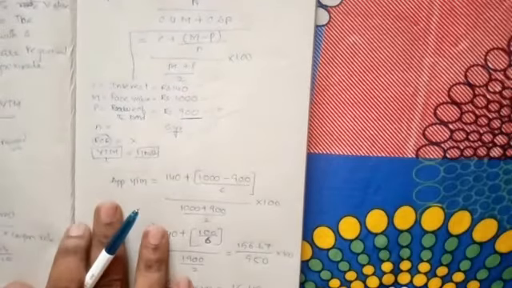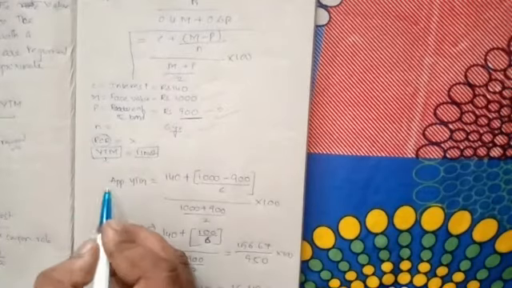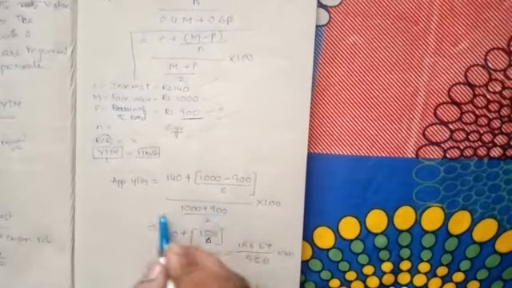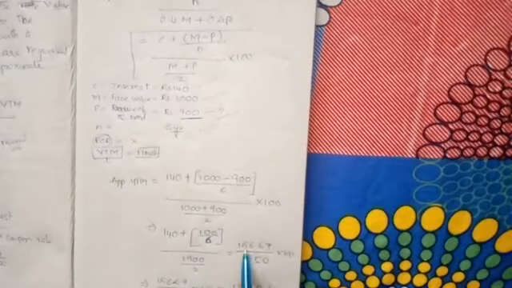Now, how to calculate the approximate YTM? When we put that data into this formula, we get approximate YTM is equal to 140 plus (1000 minus 900) divided by 6, whole divided by (1000 plus 900) divided by 2. You will get 156.67 divided by 950 into 100, which is 16.49. What do you mean by this?